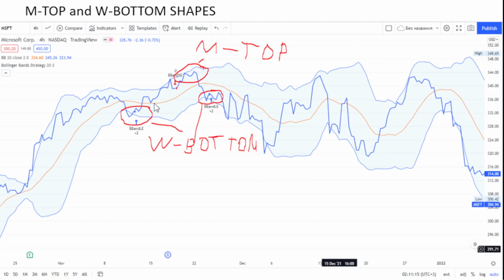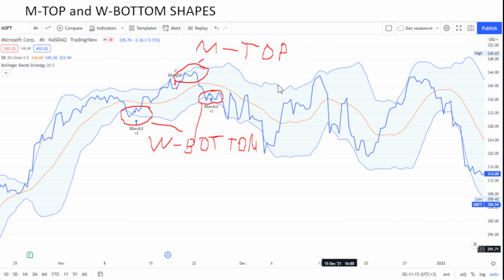M top and W bottom shapes. As you can see here, we can see some shapes that were drawn, and then the price bounced back to the upper band, right? And then the shapes repeated with an M top, and then the price went down to a W bottom, and these shapes repeat again and again across the whole period, right?